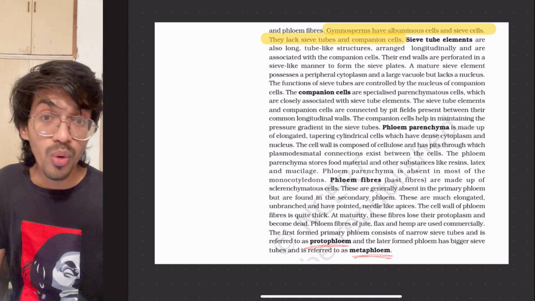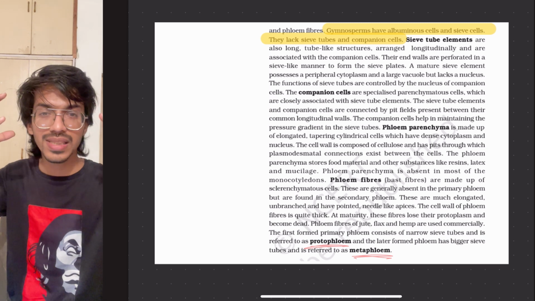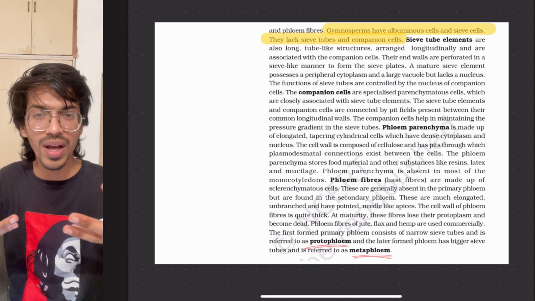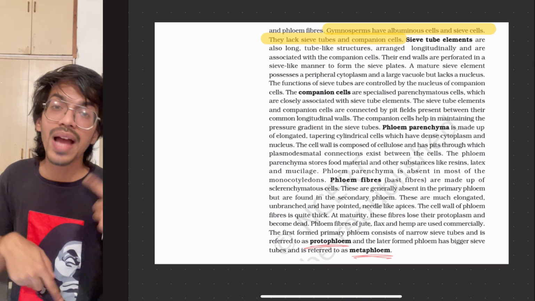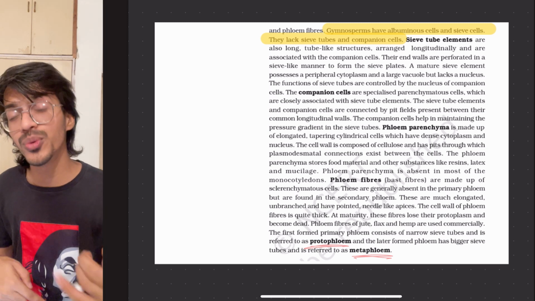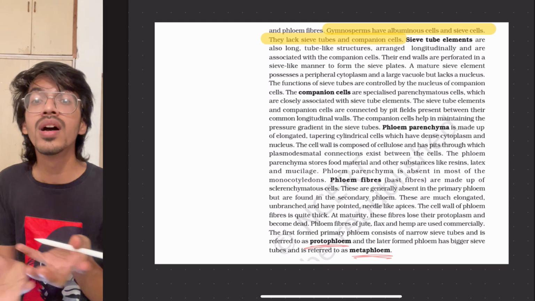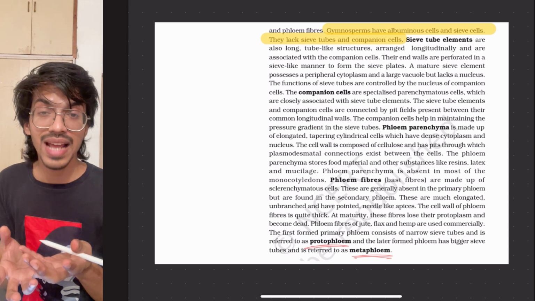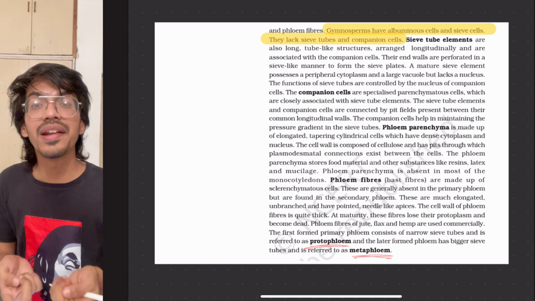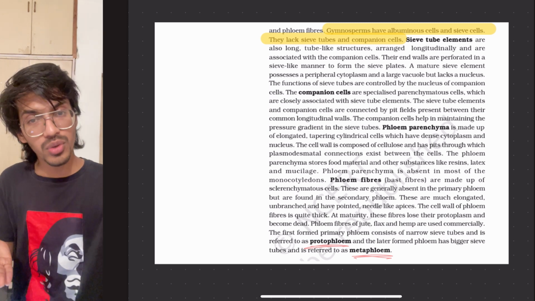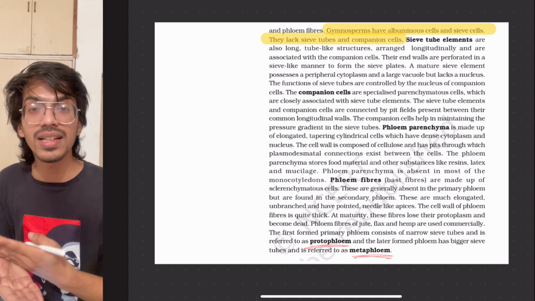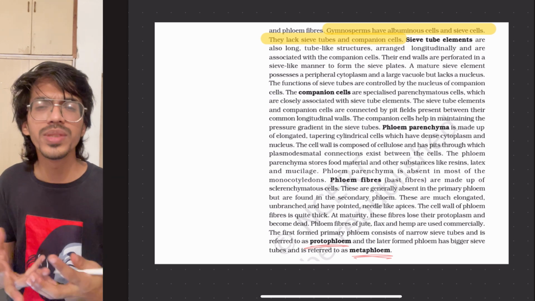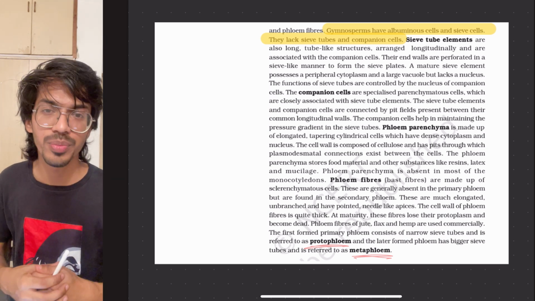But if you have a doubt on how to remember this and you want me to tell you once, just comment below. I will make an extra video for you where I will help you remember and understand the arrangement: when you cut a root, when you cut a stem, when you dissect a leaf, how you will see the things and the cell arrangement in it.